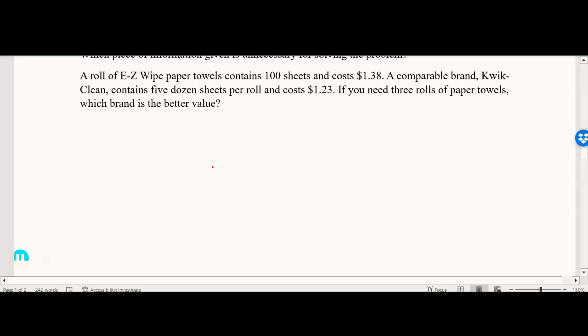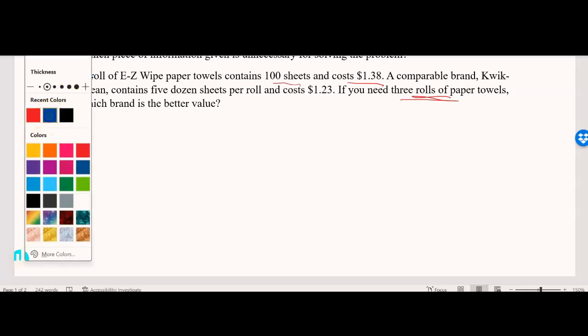A comparable brand, Quick Clean, contains 5 dozen sheets per roll and costs $1.23. If you need 3 rolls of paper towels, which brand is the better value? Well, we know how many sheets and we know how much that costs. That's going to help us with our calculation. What don't we really need to know? We don't really need to know how many rolls we're purchasing. That doesn't matter because that's not going to give us what we were looking for.